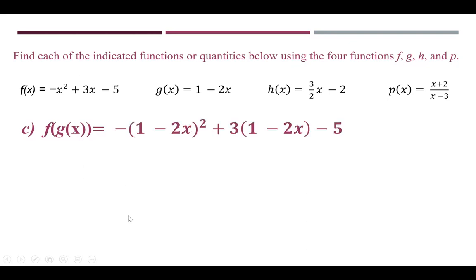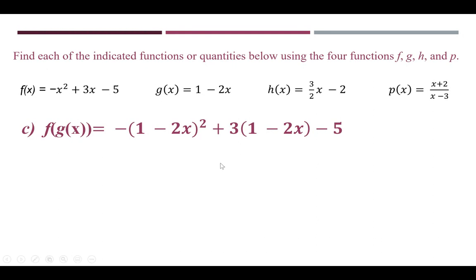And it will look something like this. Notice this is the f of x function where x has been replaced with 1 minus 2x. This is a composition of functions, or sometimes called a composite function.